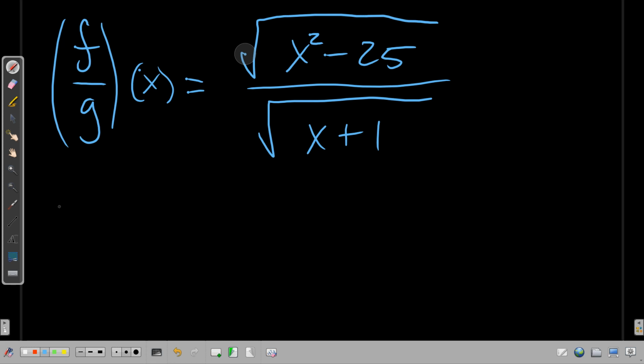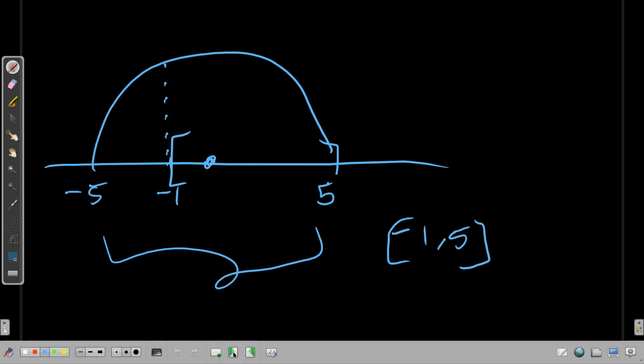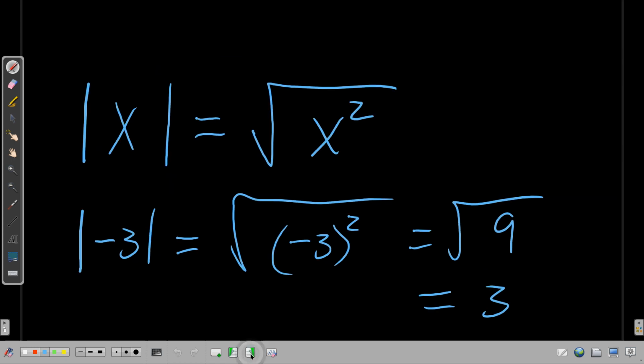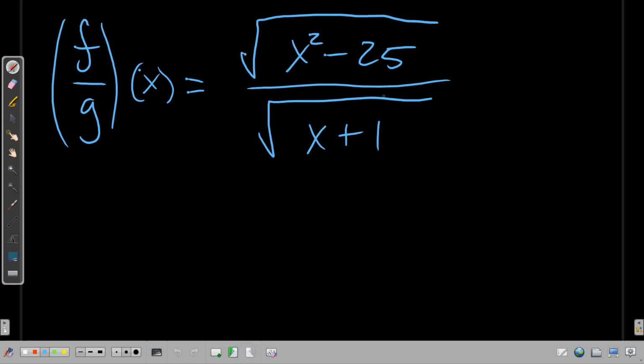Then you can go all the way back to our first domain. That domain right there satisfies the property that the stuff under the radicals is not a negative number. But then I can't have the denominator be 0.